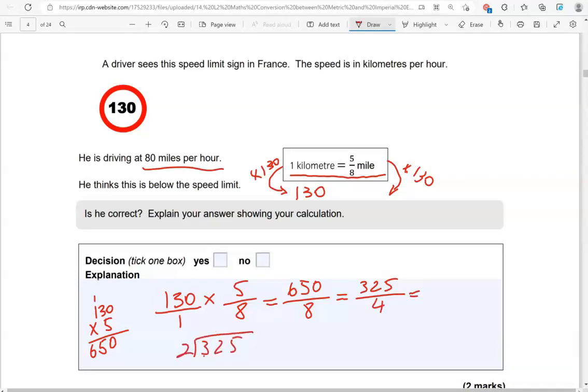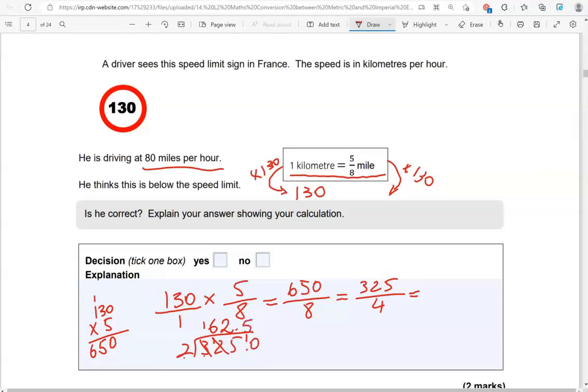How many 2's into 3? That is 1. We have 1 remaining. How many 2's into 12? That is 6. How many 2's into 5? That is 2. We have 1 remaining. So how many 2's now into 10?